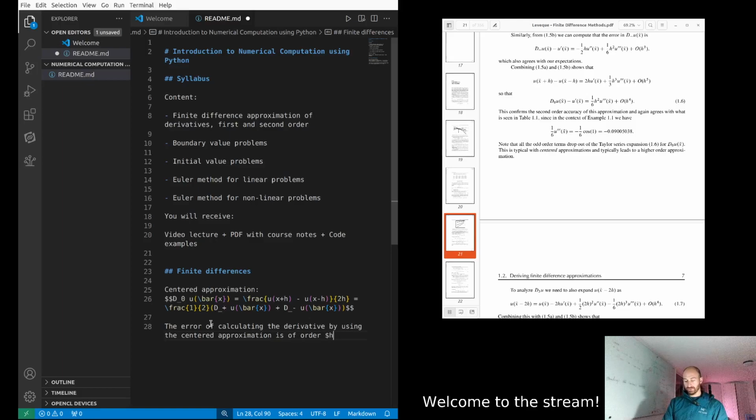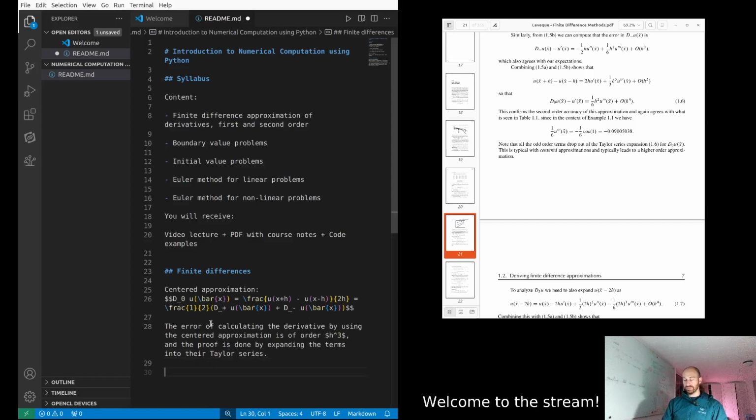I'm going to use math notation h cube. And the proof is done by expanding the terms into their Taylor series.